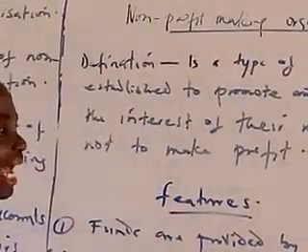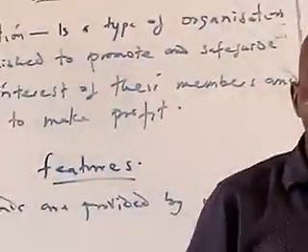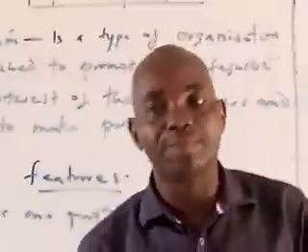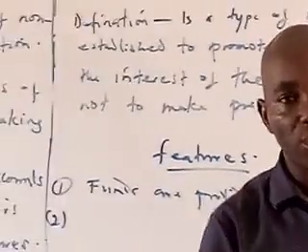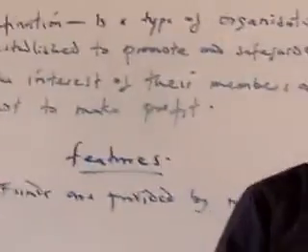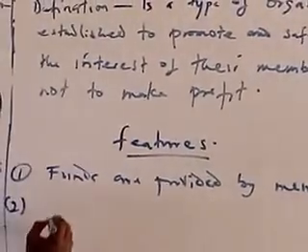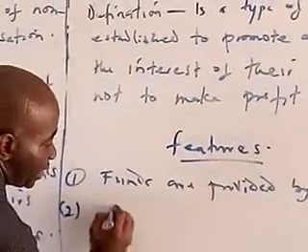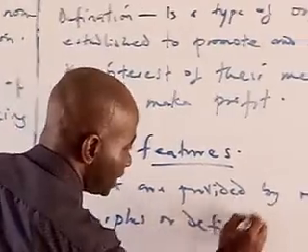Number 2, at the end of the year, they will have what we call returns on their little investment. But they will not call it a profit, or they will not call it a loss. They will call it surplus or deficit. At the end of the year, they always arrive at surplus or deficit.